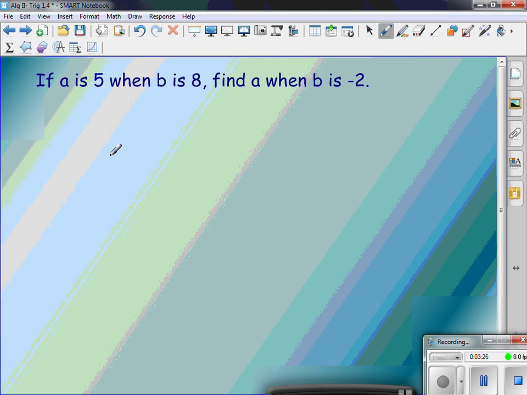Here's this one. If A is 5 when B is 8, find A when B is negative 2. Anyone think they have the idea of how to set it up?